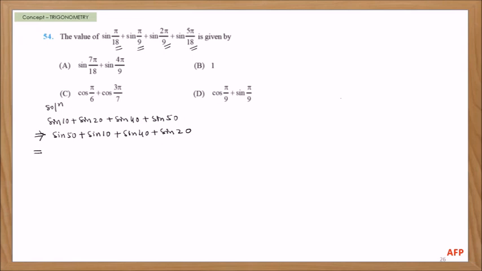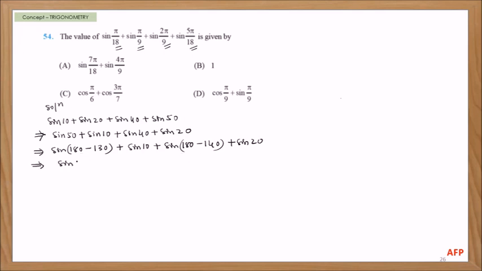Okay. So this one, sine 180 minus 130 I will write, plus sine 10 as it is. Sine 180 minus 140 I will write, plus sine 20.